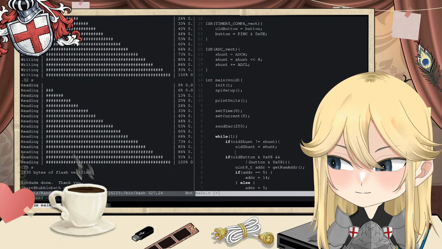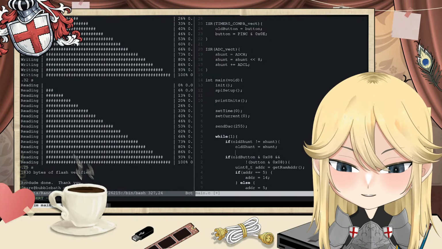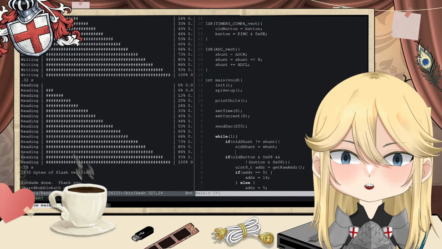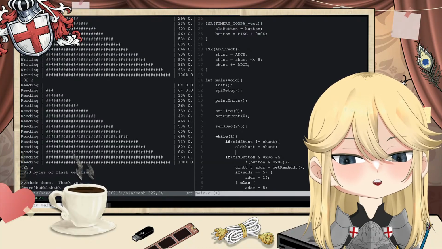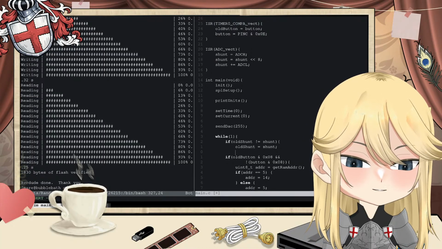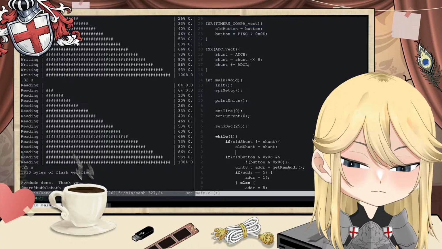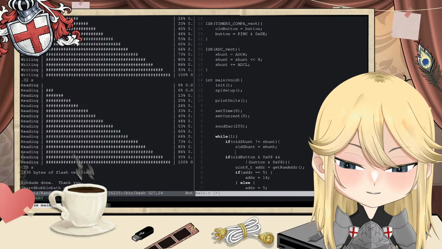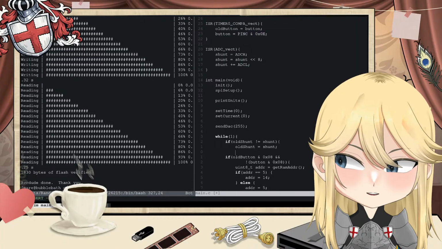So our 5 volts equals 12 bits of 1. Now we want the ratio of that. We have the ratio.